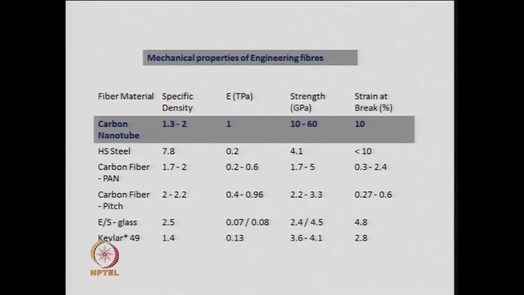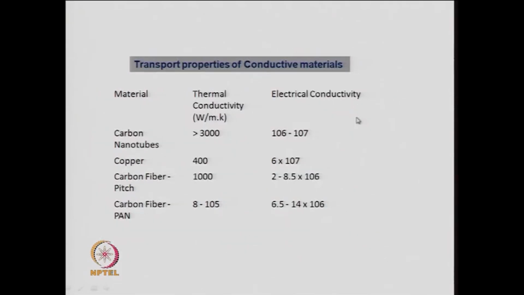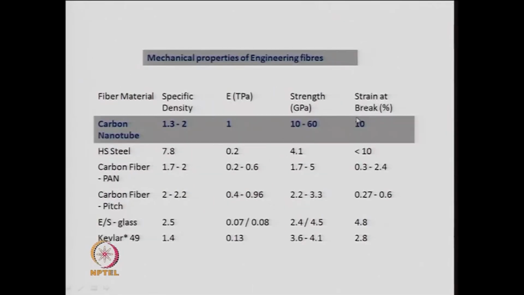So, let us look at a table which compares the mechanical properties of several engineering materials or engineering fibers, especially the strength and strain of carbon nanotubes with steel, other carbon fibers, polymers, glass and Kevlar, which I probably even mentioned in my previous lecture.